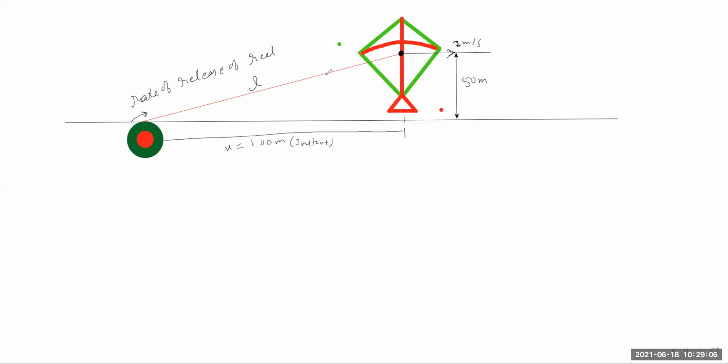L is variable. And 50 meter is constant.